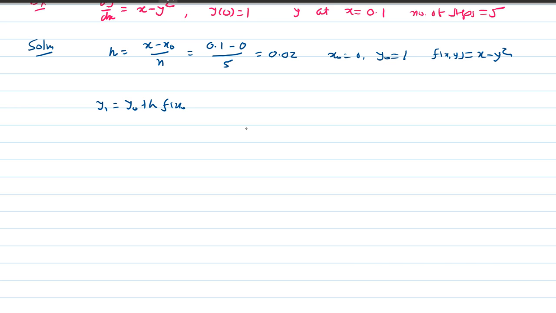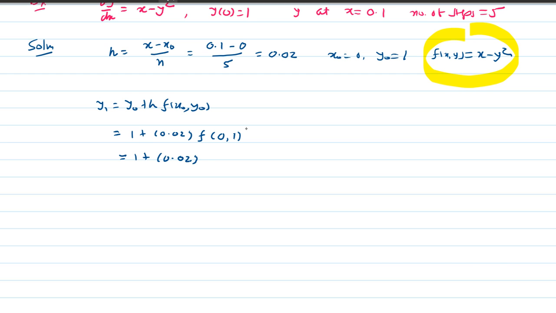Putting y0 as 1 and h as 0.02, f of 0 and 1 in x minus y square gives minus 1. So 1 plus 0.02 into minus 1, and finally we get 0.98 as the answer for y1.